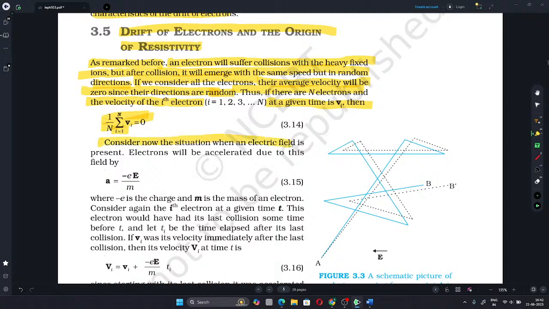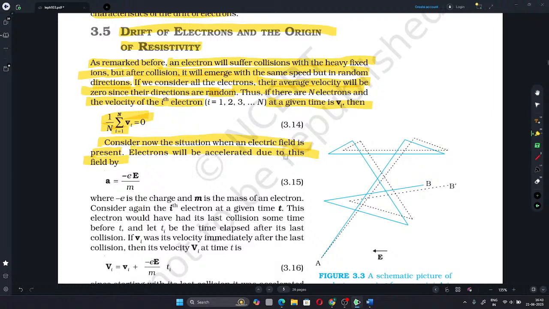Consider now the situation when an electric field is present, where the conductor or a charge is under an electric field.